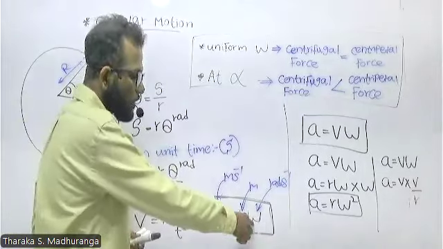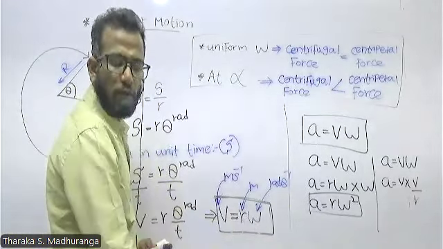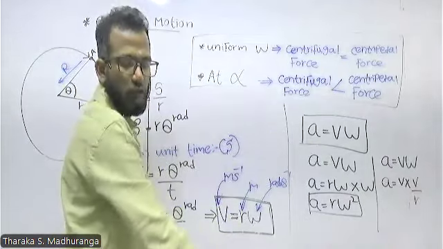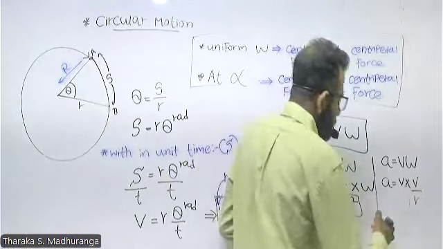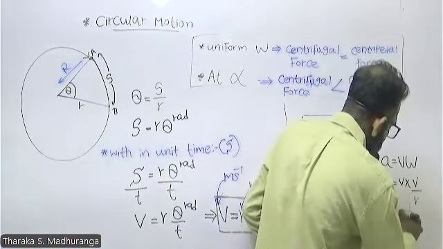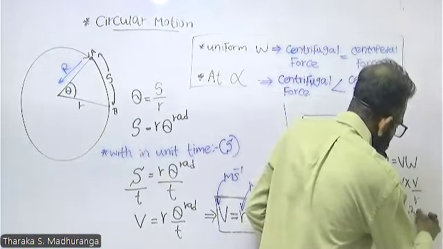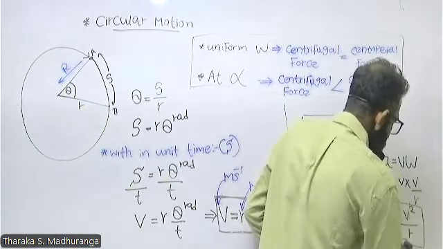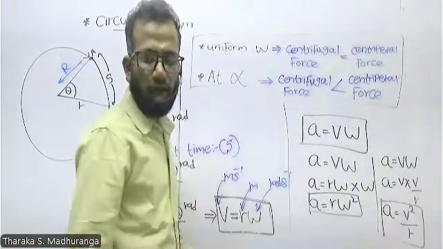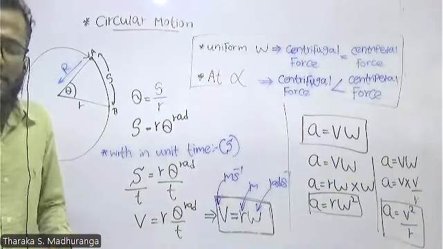Because you can isolate this omega, then it is V over R. Then I substitute this V over R into here. Then A equal V squared over R is coming. The same equation we prepared as three equations.